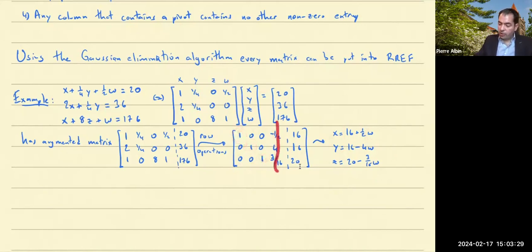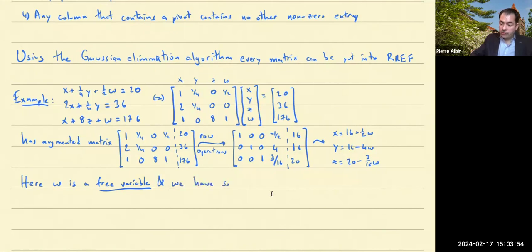So no pivot in this column, so I put that one on the right-hand side. Okay, so here w is what's called a free variable, right? That's what we call a variable that ends up without a pivot in its column.